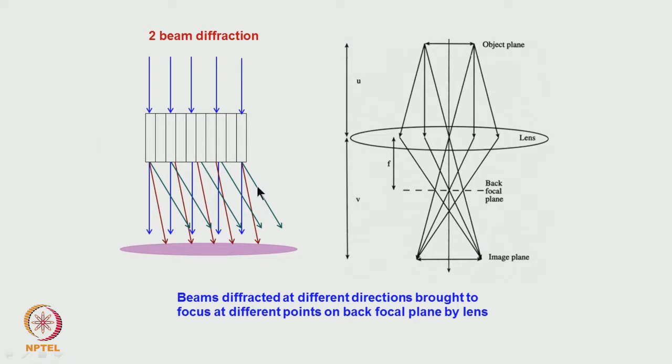So, essentially when we have a sample like this and all the planes are arranged like this, consider a beam entering like this and coming out. As the beam passes through the sample, it may consist of many unit cells arranged one on top of the other.